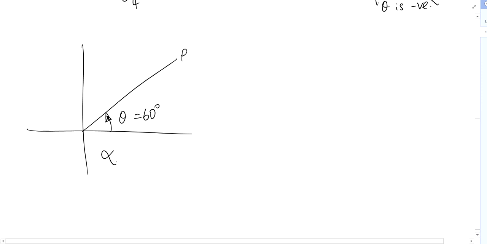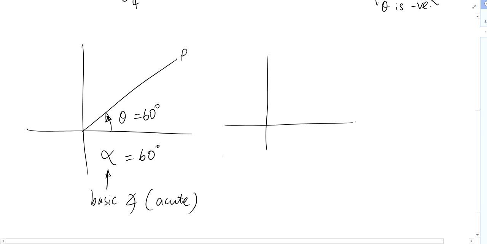Then I write down also alpha equals 60 degrees. And this alpha, I call it the basic angle, otherwise known as the reference angle. It's just a name. But there are some restrictions to it. It must be acute. So this is what I have in quadrant number 1.